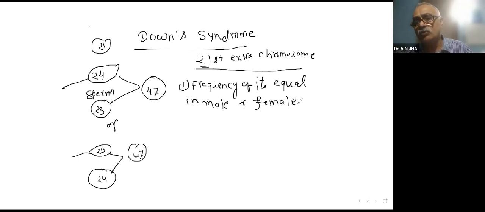In your locality, you might have seen it. I will share the picture today to the office and you can take it from there. So the reason is non-disjunction.